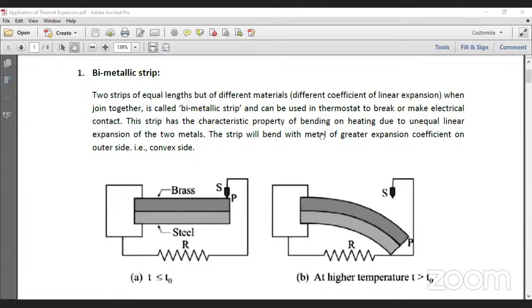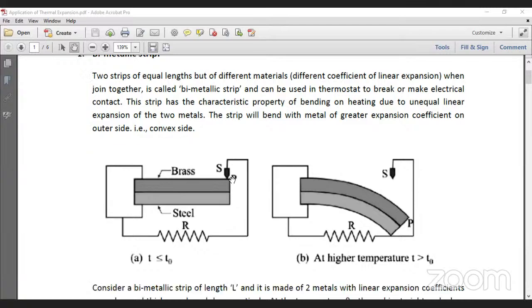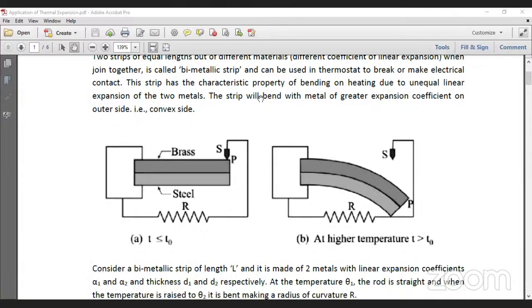So one is this bimetallic strip. That is two strips connected parallelly, of two dissimilar materials. You can see here the linear expansion coefficients are different for these two materials. Brass and steel are mostly used.